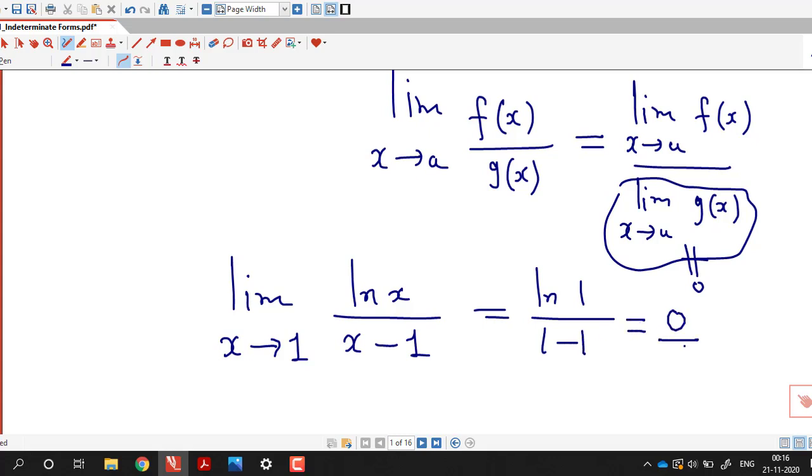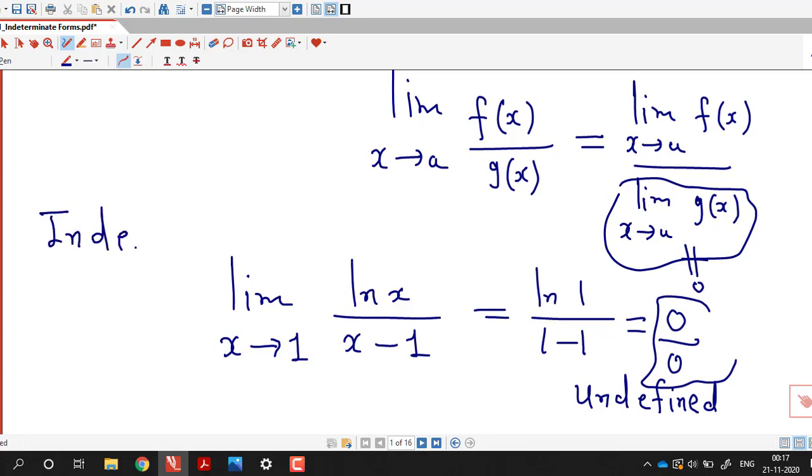That means I obtain 0 by 0, and this 0 by 0 is an undefined quantity, or a meaningless form. So if we directly substitute x equal to 1 and obtain this undefined form, then this limit is known as an indeterminate form.